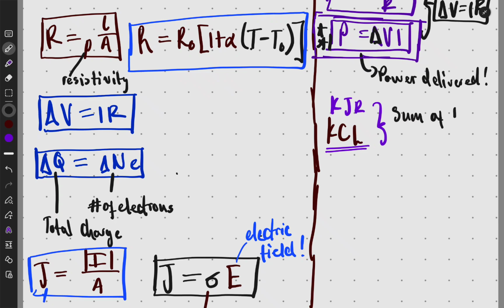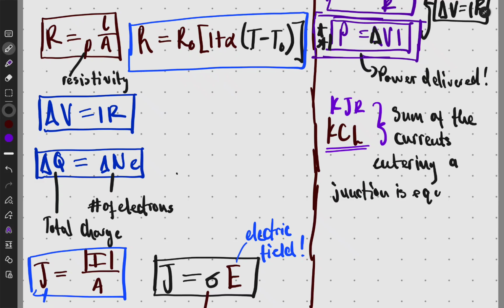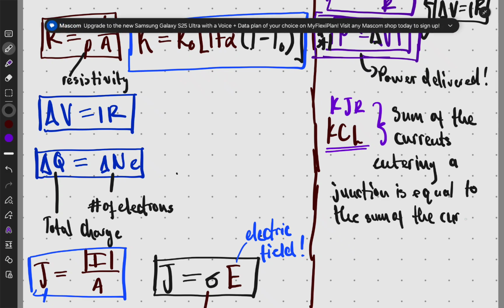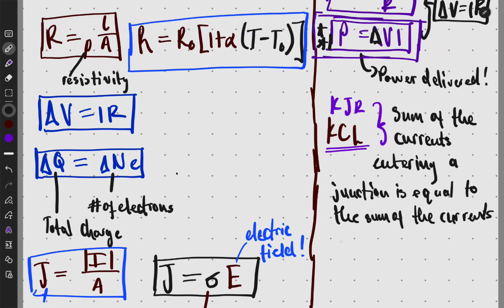The sum of the currents entering a junction is equal to the sum of the currents directed out of the same junction, or leaving that same junction, okay?